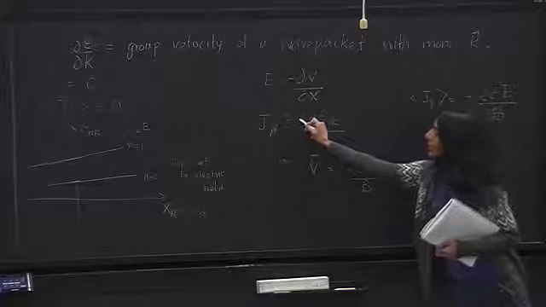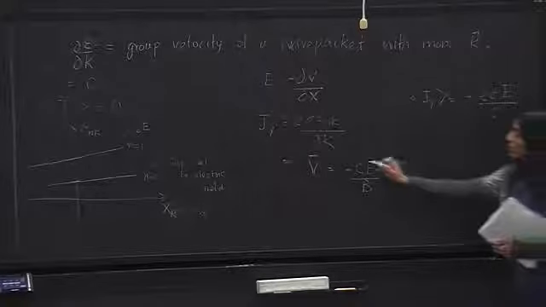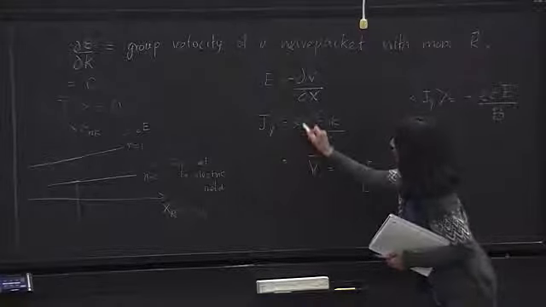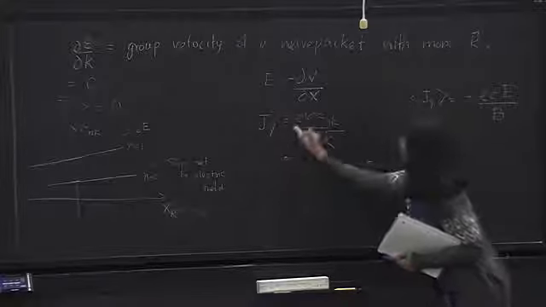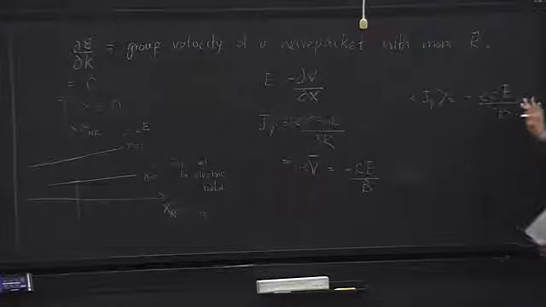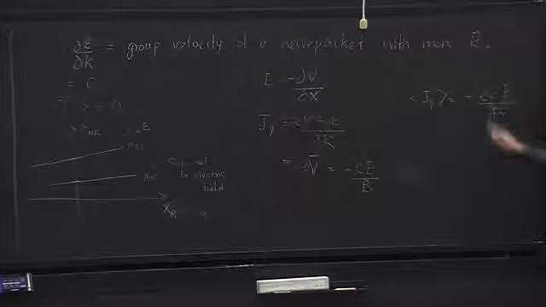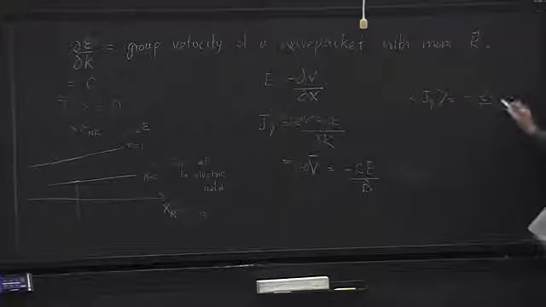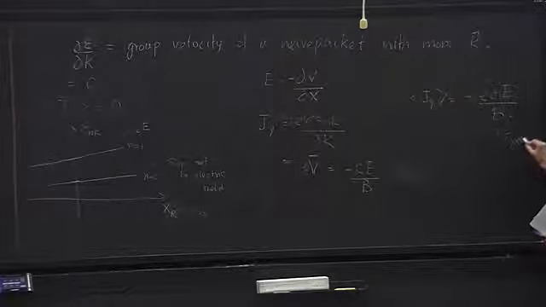It's probably an e here. So this is a result you're going to derive today. You're going to find that the current in the y direction is related to the electric field in the x direction, and this quantity here will then be related to sigma yx, okay?